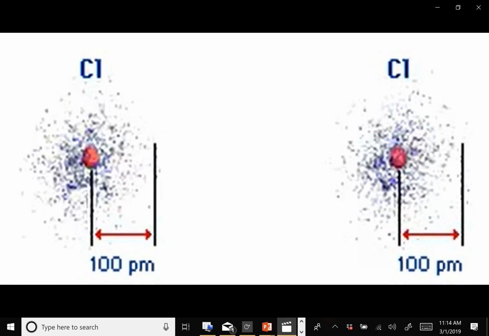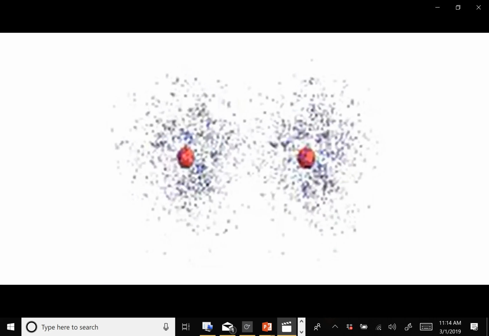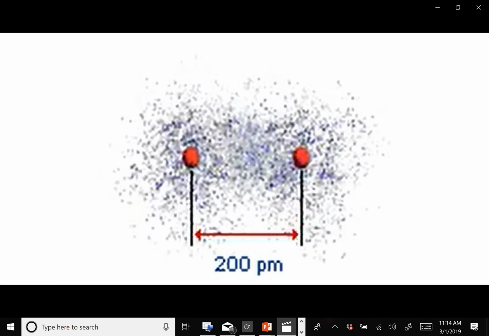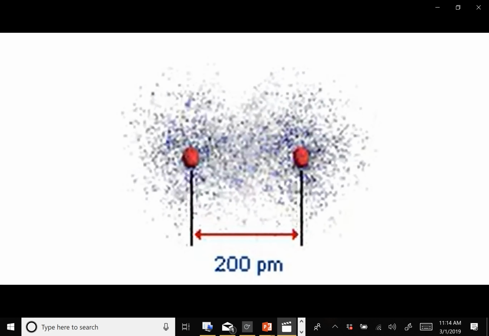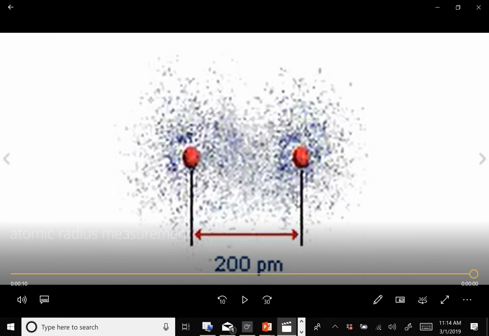The radius of a single chlorine atom is defined as 100 picometers, which is half the distance between the centers of the atoms in a Cl2 molecule. We talked about there being seven diatomic elements, the Hoffer-Nickel: hydrogen, oxygen, fluorine, bromine, nitrogen, iodine, chlorine, and that's it.